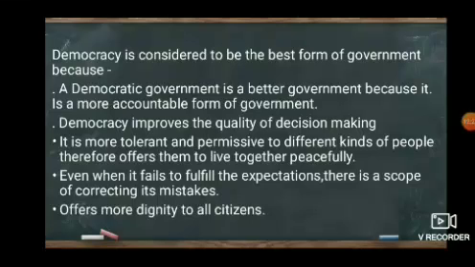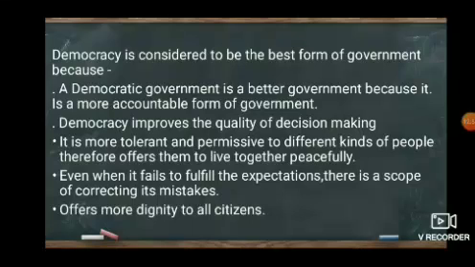Next point, even when it fails to fulfill the expectation, there is a scope of correcting its mistakes. Meaning if the government did not fulfill the expectation or demand of the people, they try to correct their mistakes. They realize what wrong they did and they try to correct their mistakes.